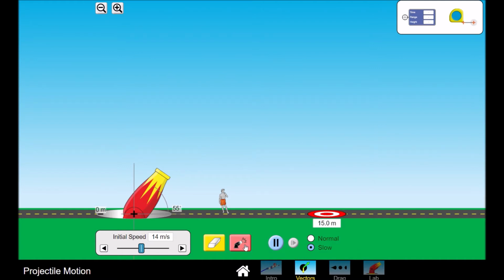So if I fire a cannonball, you can see when the cannonball is fired at an angle, in this case 55 degrees to the horizontal, there is a y component and there is an x component that is influencing the motion of the cannonball.